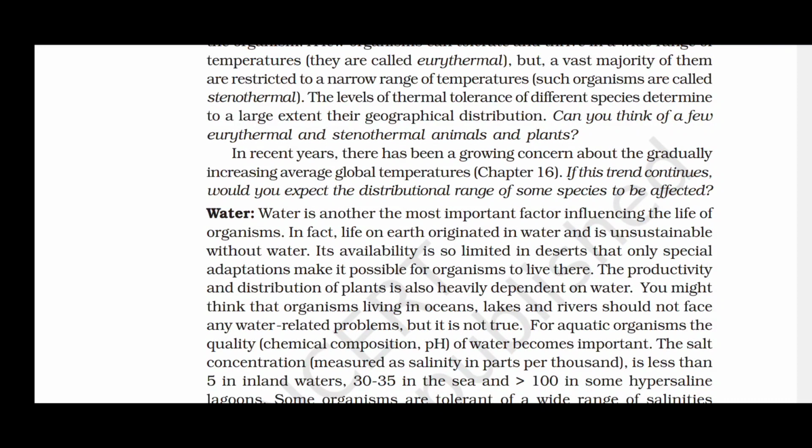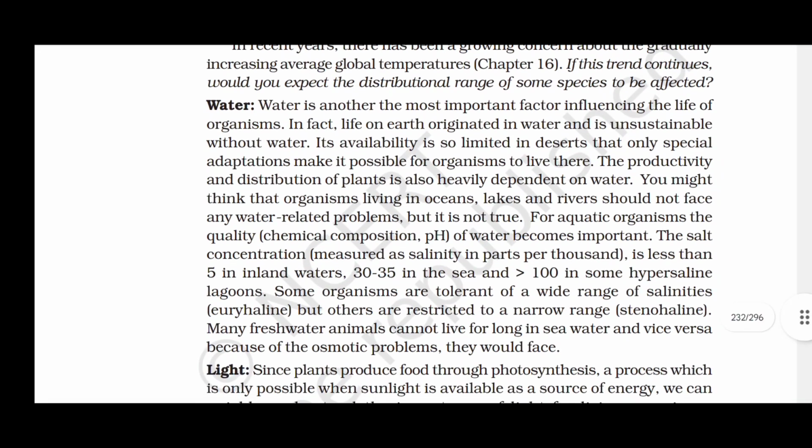You might think that organisms living in oceans, lakes, and rivers should not face any water-related problems, but it is not true. For aquatic organisms, the quality, chemical composition, and pH of water become important. The salt concentration, measured as salinity in parts per thousand, is less than 5 in inland waters, 30 to 35 in the sea, and greater than 100 in some hypersaline lagoons.